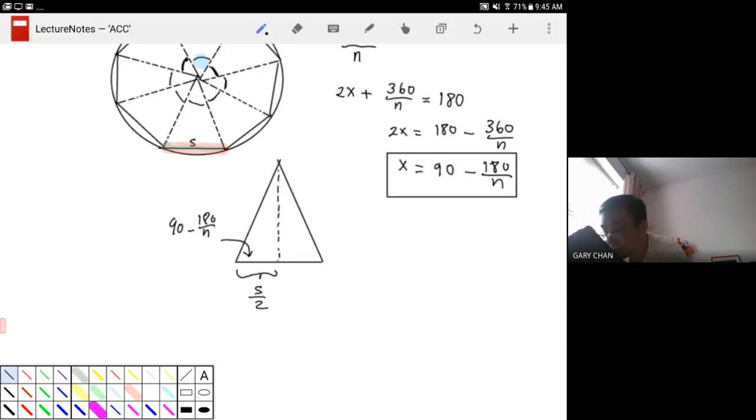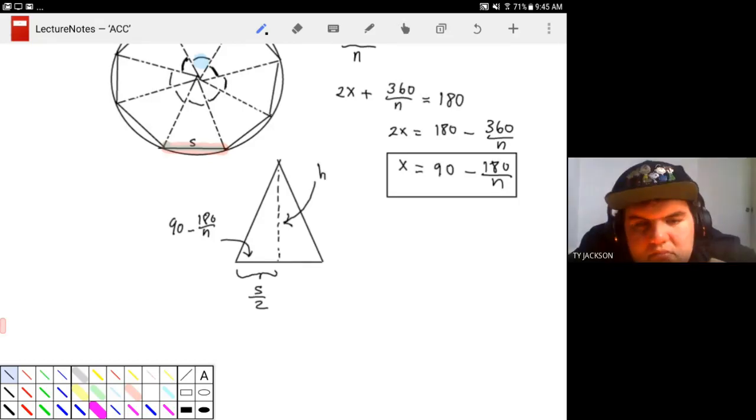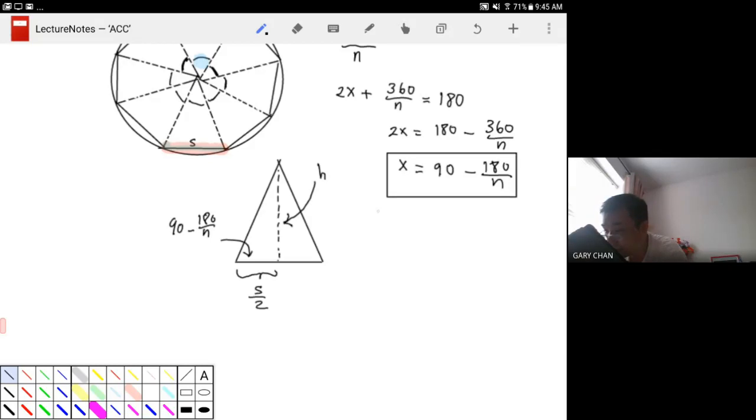And I need to know what the height is now, right? What function am I going to use? Am I going to use sine, cosine, or tangent to figure out what that h is? Tangent. So I say h over S over 2 equals tangent of 90 minus 180 over n.